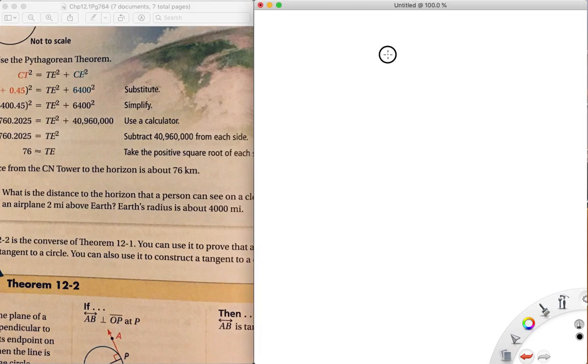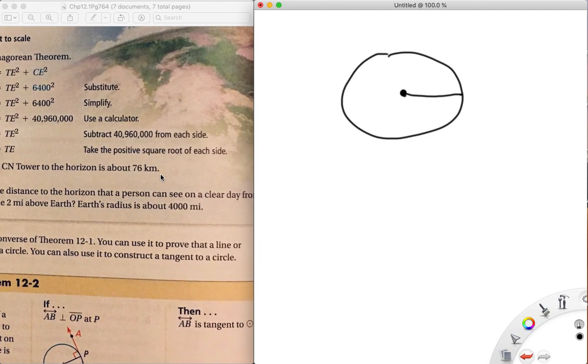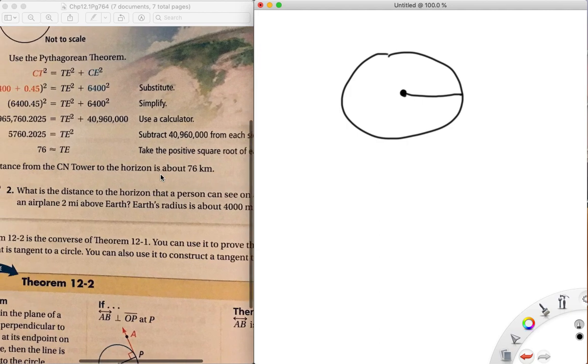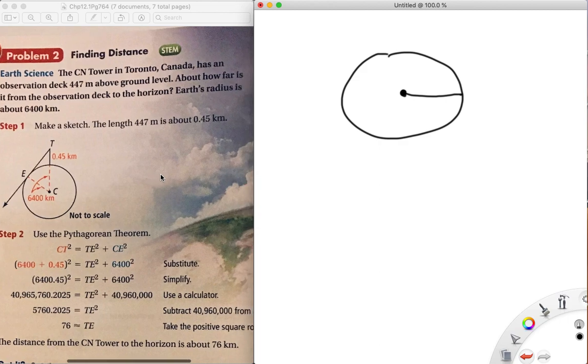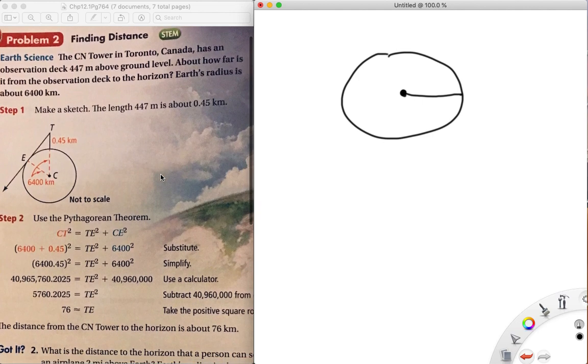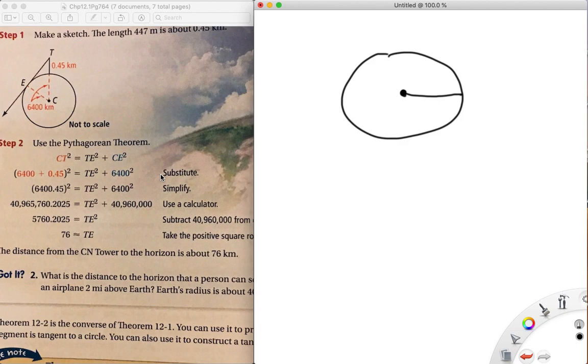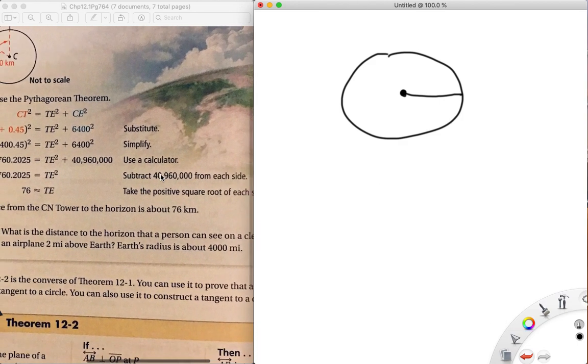Alright, so if we have the Earth, we have a radius from the center of Earth out, that is 4,000 miles.